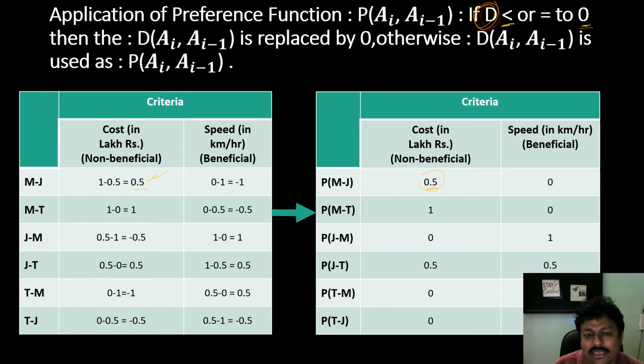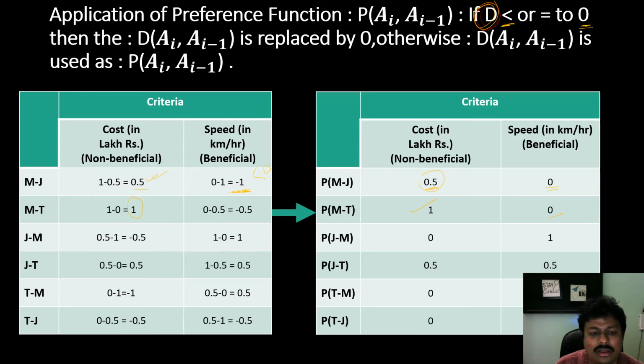However, as this value is negative, less than 0, we have replaced it with 0. Next, in case of m minus t, this is 1, more than 0, write it. This is minus 0.5, so less than 0, do not write it, use 0.